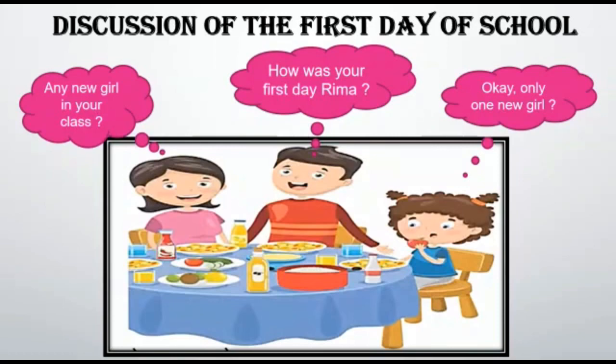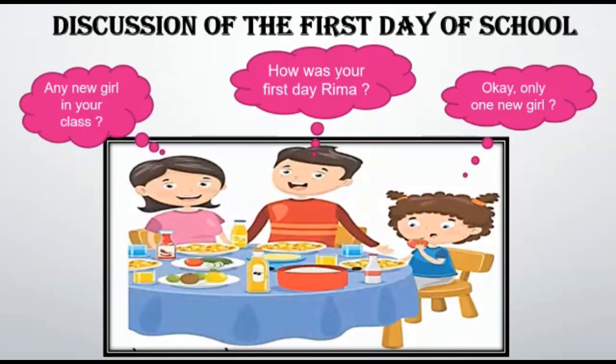Children, here you can notice that Rima is very arrogant and overconfident in her behavior and language. She always underestimates Malti, whose pronunciation of English words is not proper and clear. Example, she says, "Good morning, children." All this she was discussing with her parents.